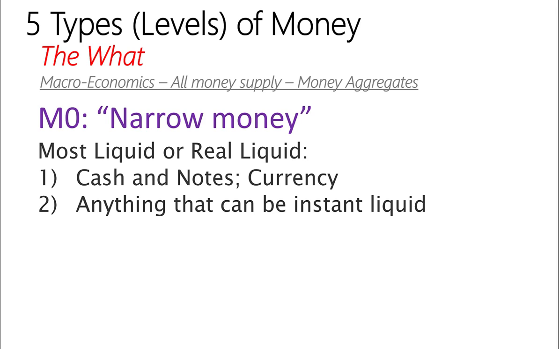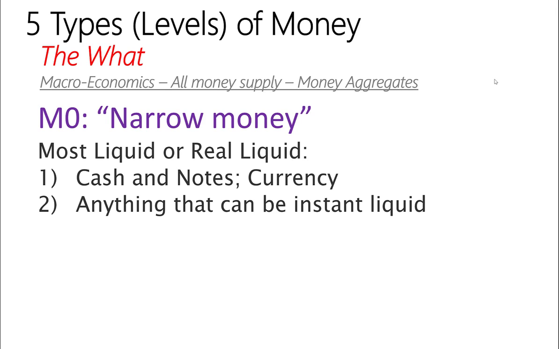So the basis for all these aggregates is liquidity. And we're building upon each one, because when we go from M0 to M1, you'll see that M1 includes M0 plus more, just like when you get some type of SaaS product, you've got bronze and gold and platinum. Well, the gold includes the bronze plus more features, and that's exactly what happens here. So they're just building upon each other.